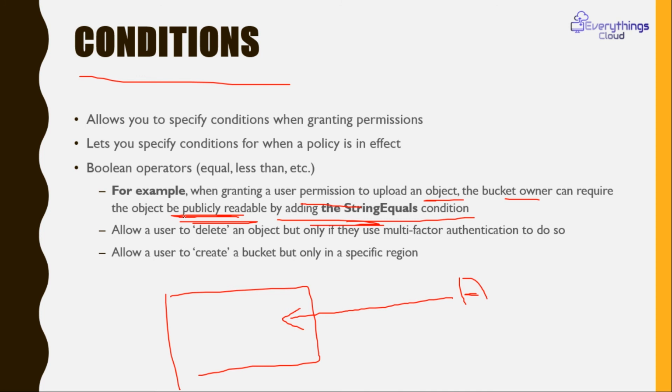Then a second example, allow the user to delete the object only if they have multi-factor authentication. So if somebody is deleting some folder or object from this bucket, they must have multi-authentication. The third allows a user to create a bucket only in a specific region.